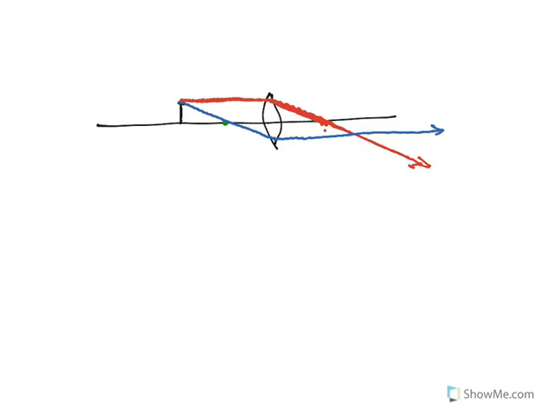For a lens, it goes from the object through the focal point to the lens, and keeps going through the lens, but now goes parallel. So very similar. The final ray you can draw is a line that goes from the object to the center of the lens and just keeps on going straight.